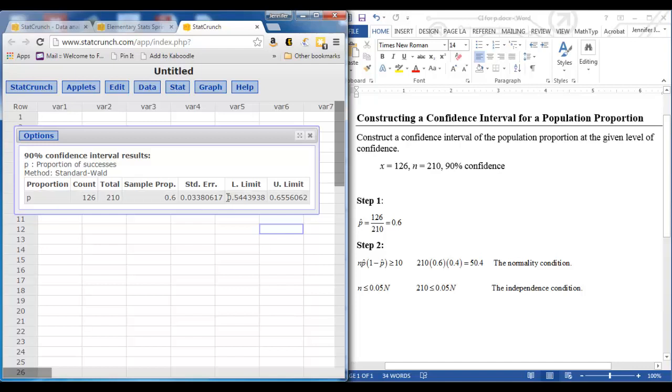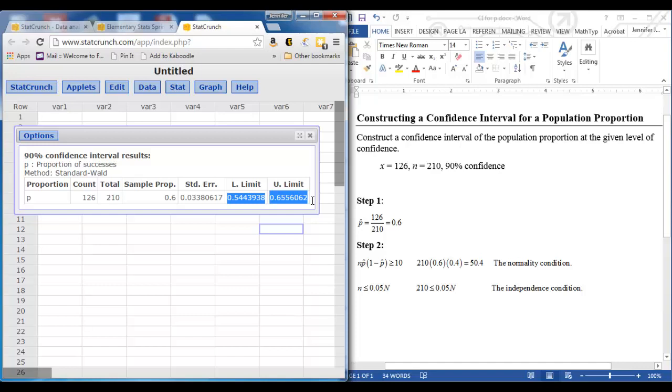But what we're really focused on right now are these last 2 values, the lower limit and the upper limit. This is our confidence interval. We can see that the lower limit on our confidence interval is 0.544, so rounding, that's roughly 54%, and our upper limit is 0.656.